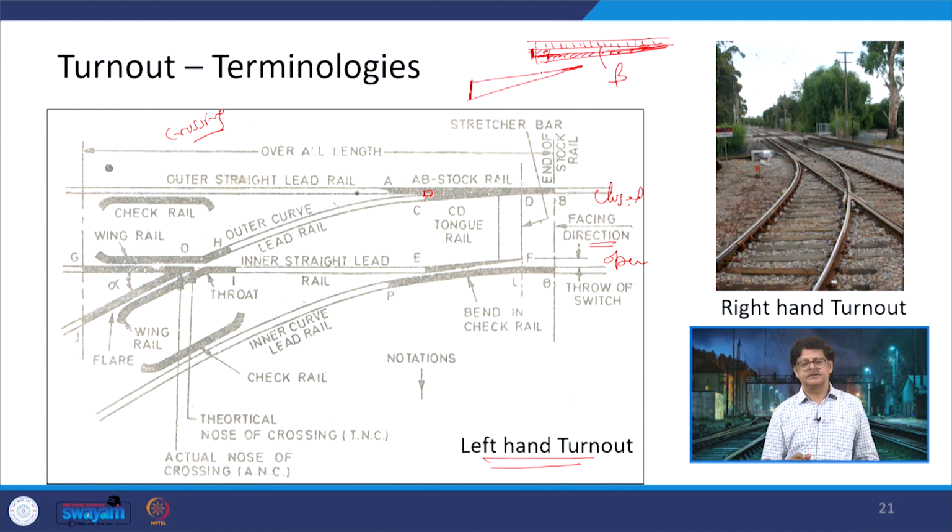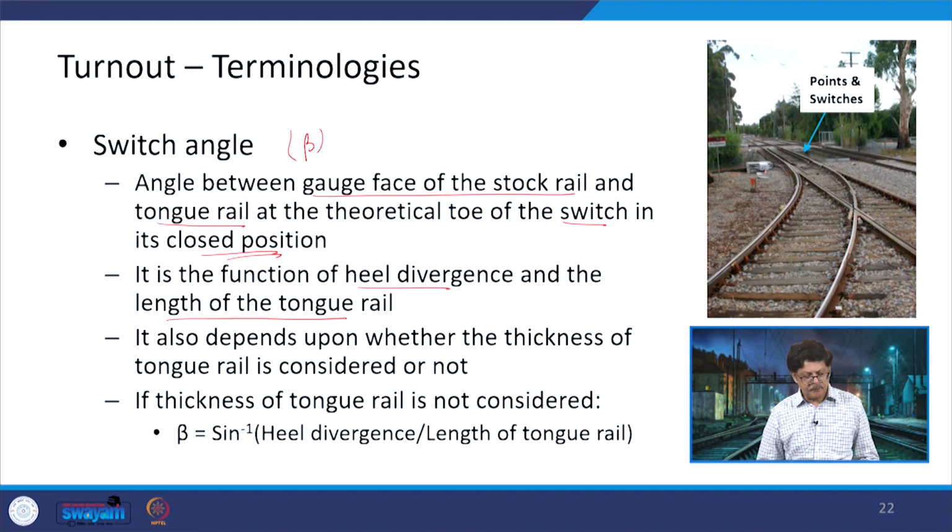So, there is no thickness, but there is another case where it just stops here, so this is not there. So, it is a 6 mm blunt edge. If we are considering it in that form, then it will be different. So, it says if the thickness of the tongue rail is not considered, then this angle is defined as the sine inverse of heel divergence divided by the length of the tongue rail.